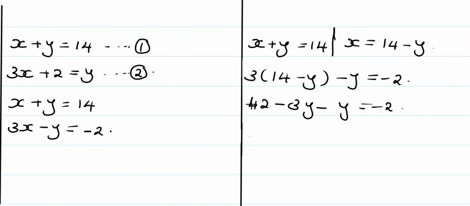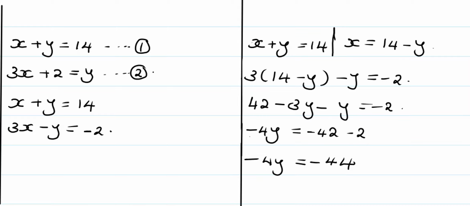And from there, I can take this 42 on this side, then retain the y here, which now will be minus 3y minus y, it will be minus 4y is equals to, then I take this 42 on the other side, it will be minus 42, of course, minus this 2 here, because here 42 is positive, on the other side it will be negative. So it will be minus 4y is equals to minus 42 minus 2 is minus 44, like that.